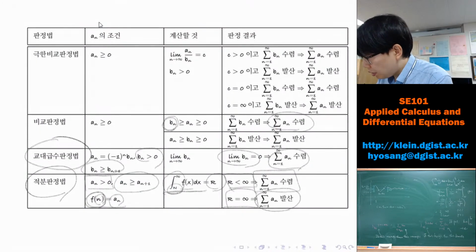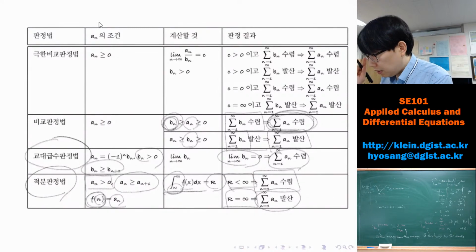If you want to show the given series is convergent, then you have to set your comparing sequence Bn as a larger sequence than the original sequence, and this larger sequence must also have a convergent series. If you want to show that the original series is divergent, then you have to choose a smaller sequence whose sum diverges.